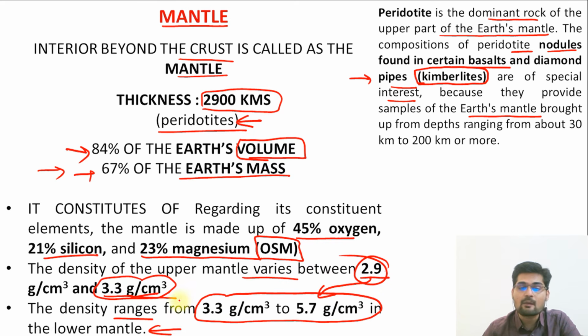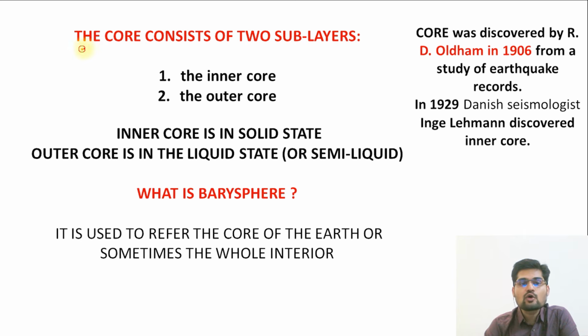But there is a break between upper and lower mantle because of the change of the material. Upper mantle has a little molten state or a little diffused state of matter. So this is important to remember, that its density is lesser, while lower mantle is harder, so its density is more.